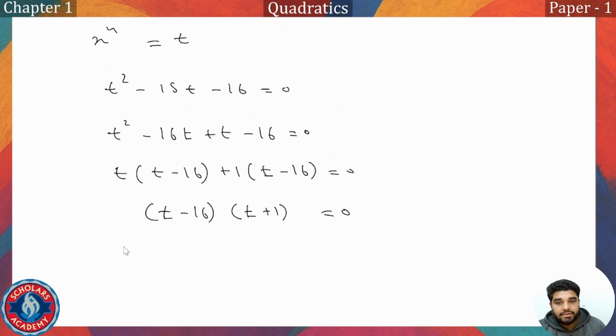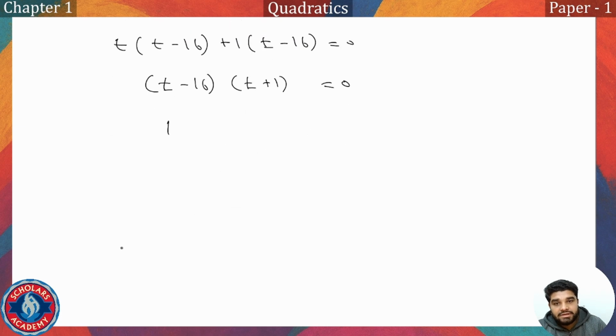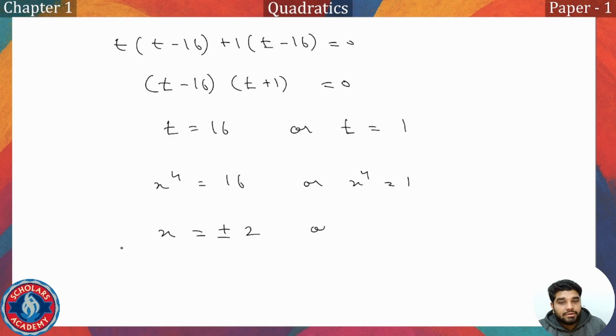So from here we get t is equal to 16 or t is equal to negative 1. And we took x raised to power 4 as t, so x raised to power 4 is 16 or x raised to power 4 is negative 1. So from here we get x is equal to plus and minus 2. I hope it is clear.